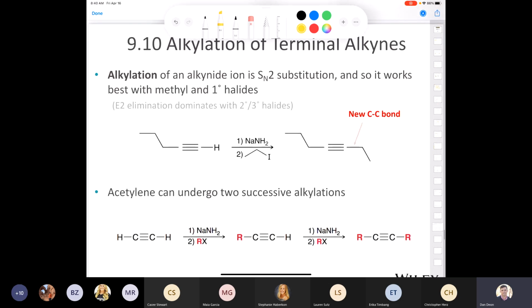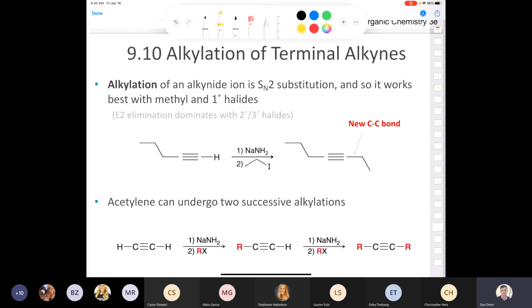So what do we do? If we have a terminal alkyne, we can treat it with a base like sodium amide. Now, what if we had an alkyl halide, like ethyl iodide? Iodide is a very good leaving group. When we form the intermediate alkynide, and I'm going to draw it here, this would be the intermediate after the first step.